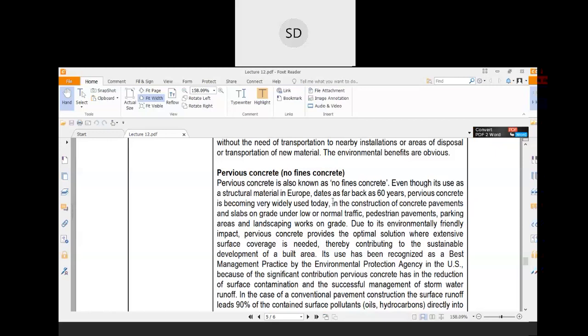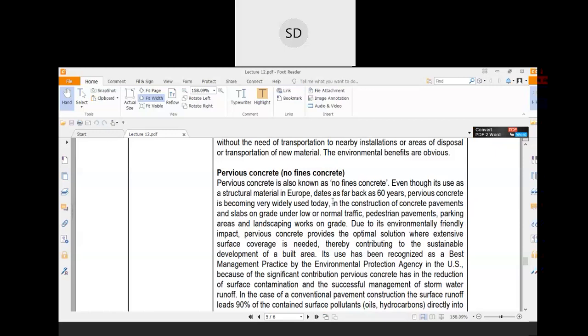Now, what are the uses of pervious concrete? Suppose a parking lot is there. Now, you know in many places there is a problem of groundwater. Groundwater is reducing day by day. If everything is built up with concrete, rainwater cannot penetrate through the ground, and it cannot increase the groundwater level in a particular area. All this rainwater will be wasted.